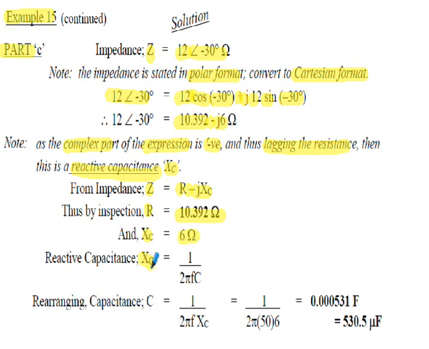Again, noting the reactive capacitance XC is 1 upon 2 pi FC, we rearrange for capacitance C, so we get 1 upon 2 pi F XC. Putting the values in, 1 upon 2 pi, 50 again for the frequency, 6 is the XC in this case. We get 0.000531 farads or 530.5 microfarads.